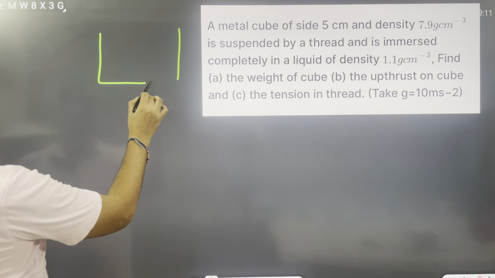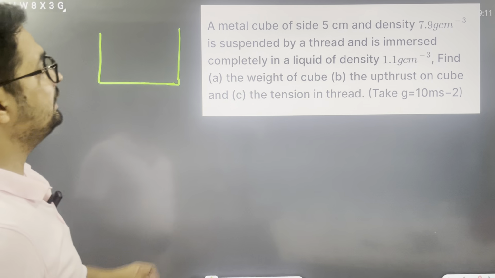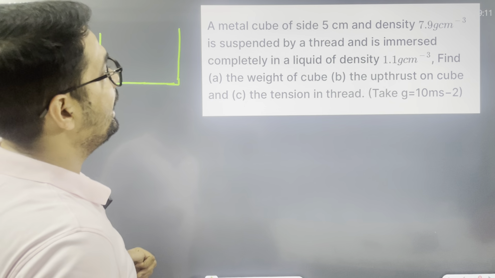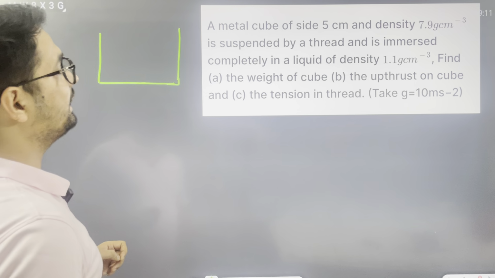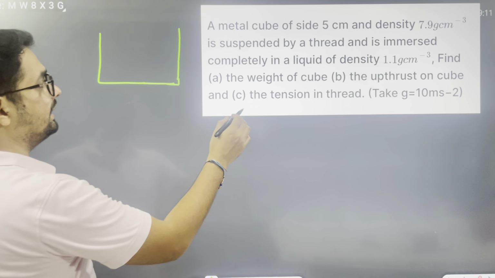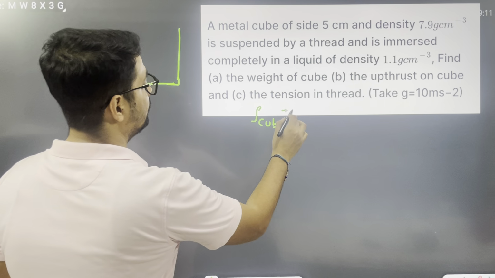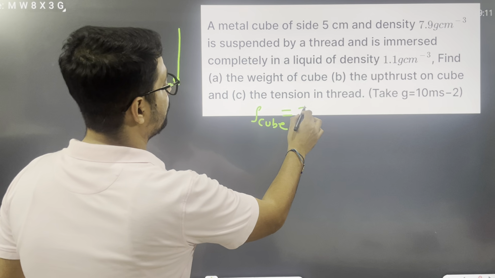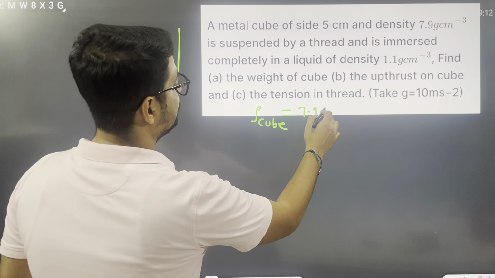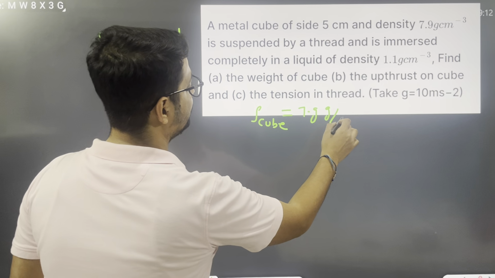I will draw this. It is given a metal cube of side A and density 7.9 gram per cc. Here the density of the cube is given, 7.9 gram per cc.